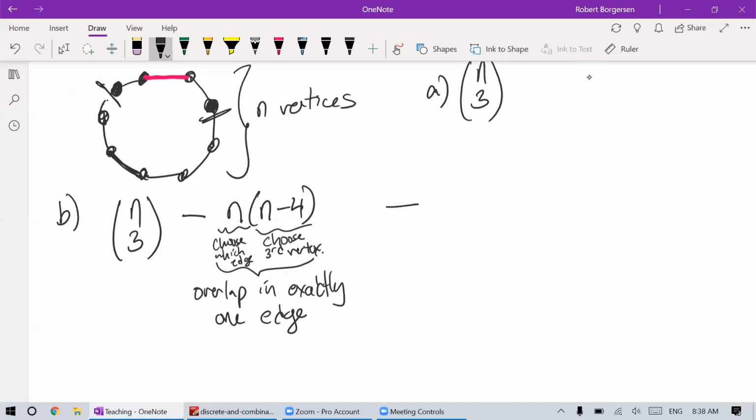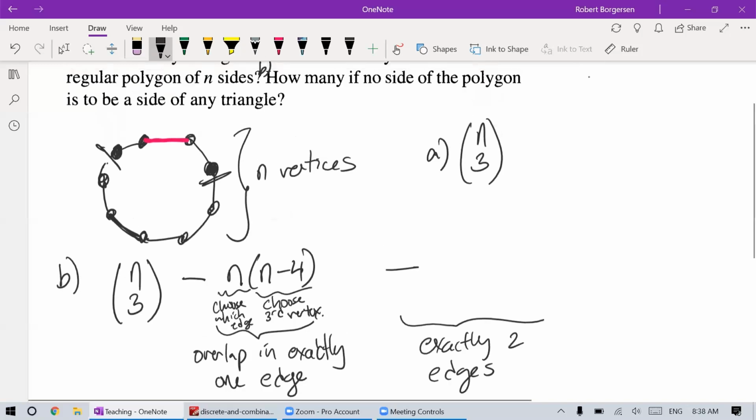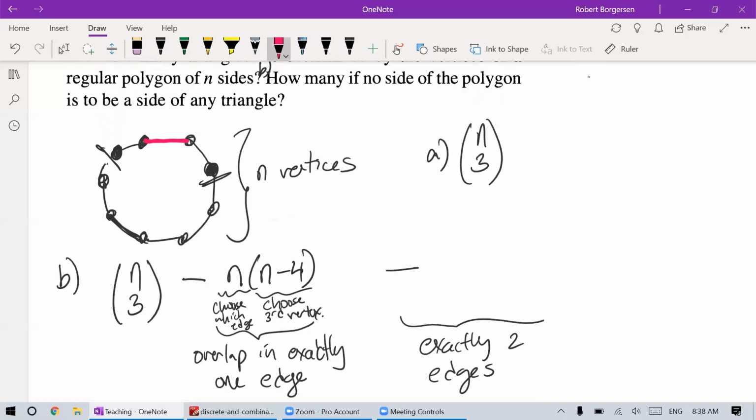What about now the ones that overlap in exactly 2 edges? Well, so you know it's going to be 2 edges right beside each other immediately. Okay, and how many ways can I do that?